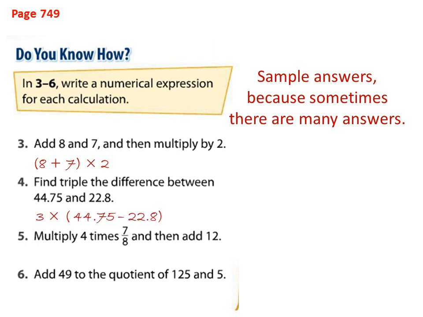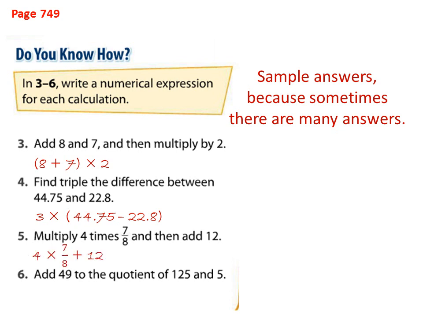Question 4. Find triple the difference between 44 and 7500 and 22 and 8/10. Remember, triple means 3 times a number. We have two operations here.